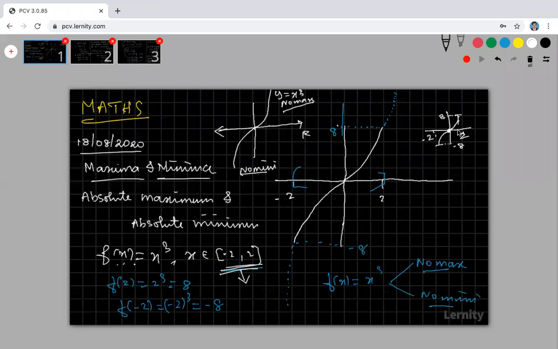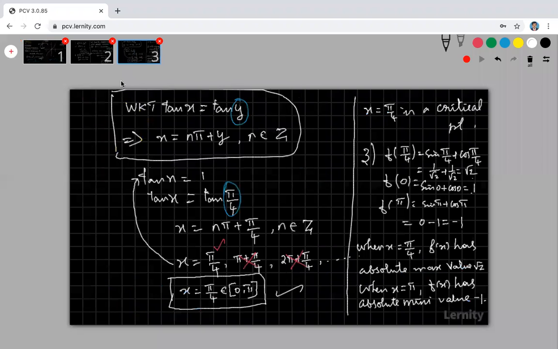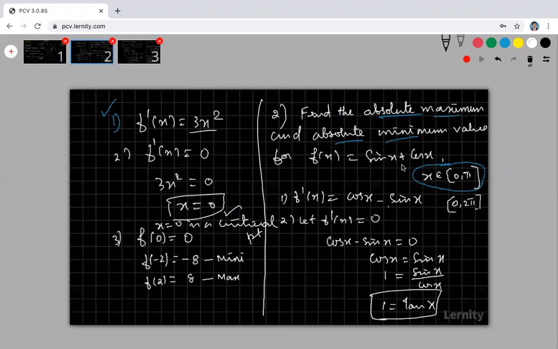When x is from minus 2 to plus 2, what is f of x? Draw the curve and find the maximum and minimum. But this is a simple polynomial function, so I can draw the curve easily. Here sin x plus cos x is different. It is not possible for every function to draw the curve and find the maximum and minimum, which is too difficult. Therefore I am just applying a mathematical procedure.